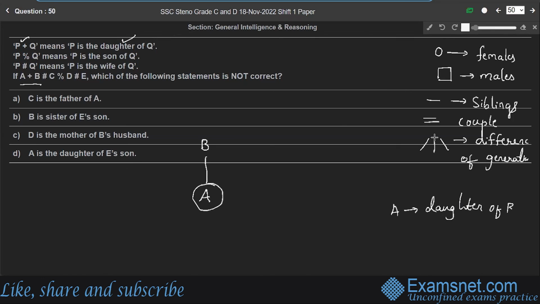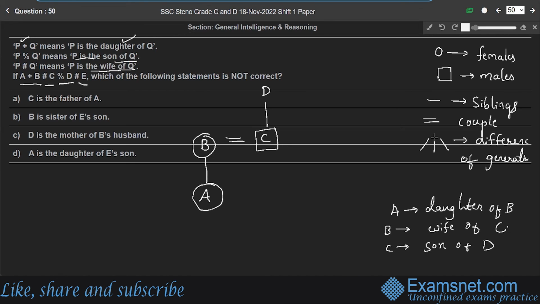Next, B hash C means the first person is wife of the second person. Therefore B is wife of C, and C is a male. Next, C percentage D means the first person is son of the second person. C is son of D.